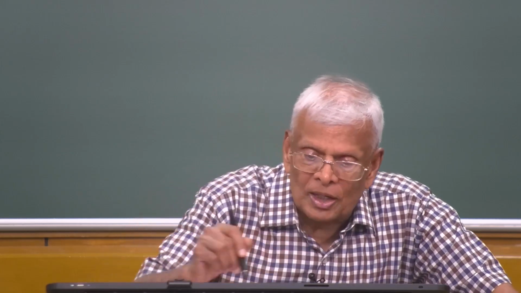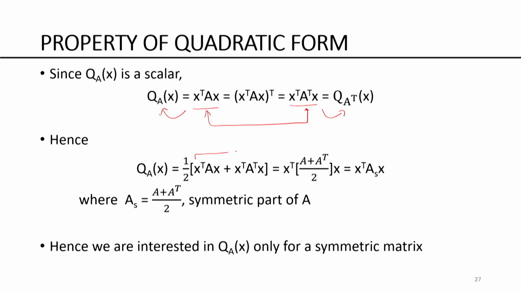So if these two are the same, if I add the two, this is QAX, this is QA transpose X. So QAX is equal to 1/2 of QAX plus QA transpose X. Everybody please. But QAX is x transpose A X. This is x transpose A transpose X. X transpose is the left common factor, X is the right common factor. I can bring in the 2 inside.